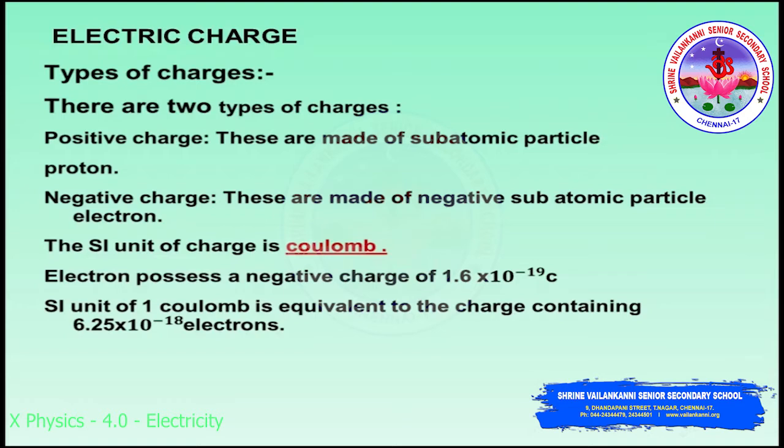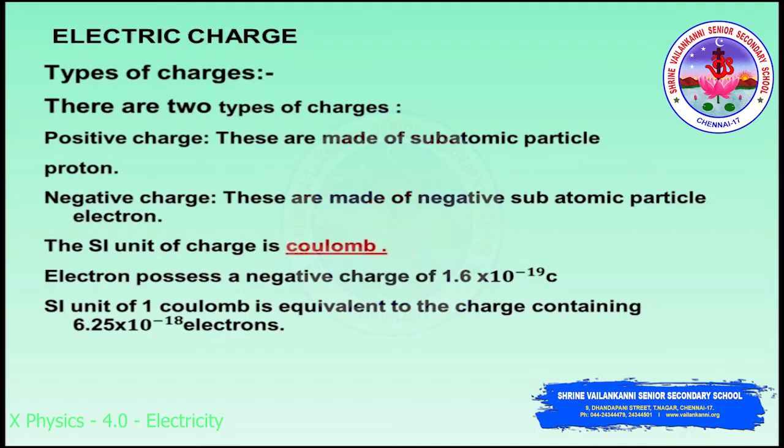The SI unit of charge is the coulomb. One coulomb is equal to the charge of 6.25 into 10 power 18 electrons, not minus 18, children, 18. And the charge of an electron, which is negative, is 1.6 into 10 power minus 19 coulomb.